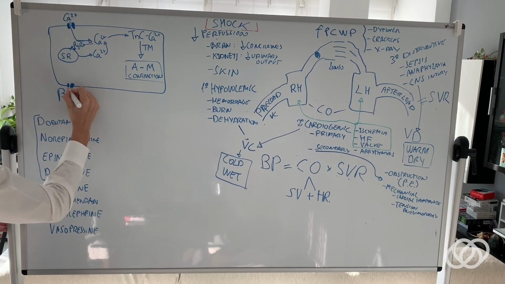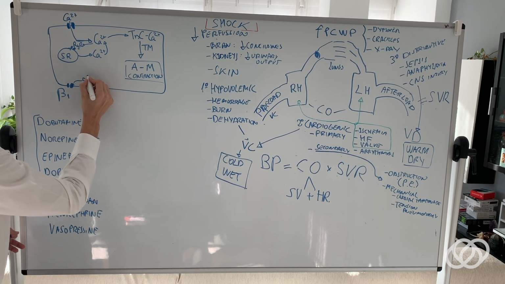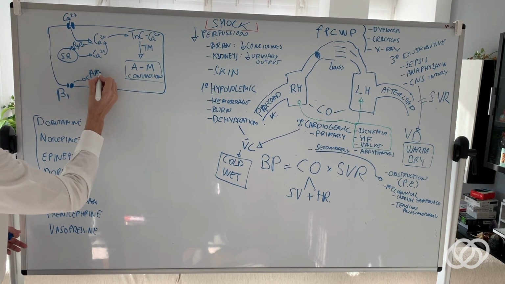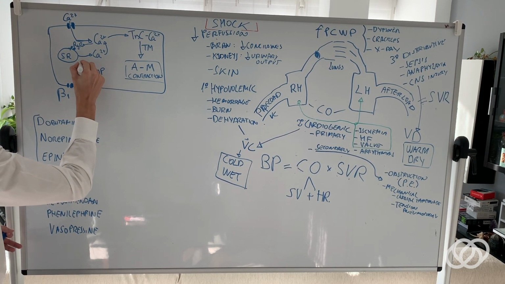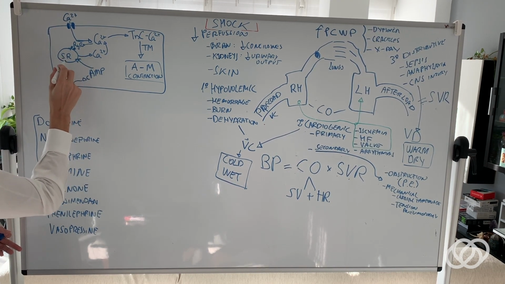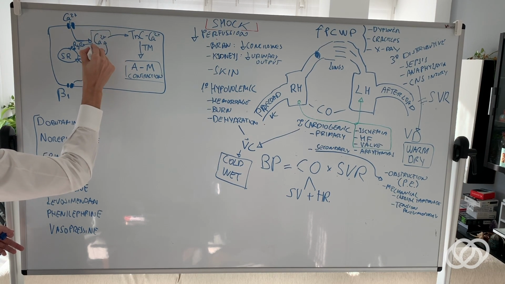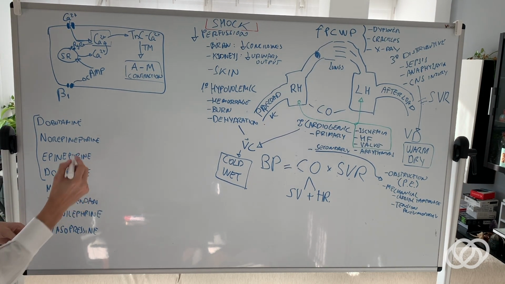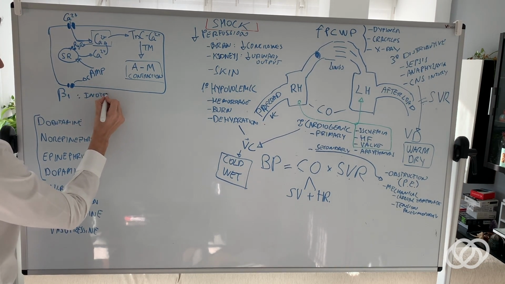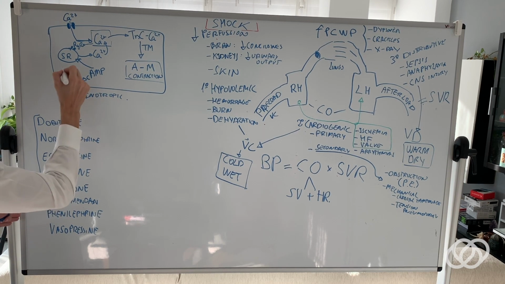When we activate these beta-1 receptors in the myocyte, they increase the cyclic AMP, and in this way they stimulate the release of more calcium from the sarcoplasmic reticulum, and by that way they increase the calcium and exert the positive inotropic effect, enhancing the contraction.